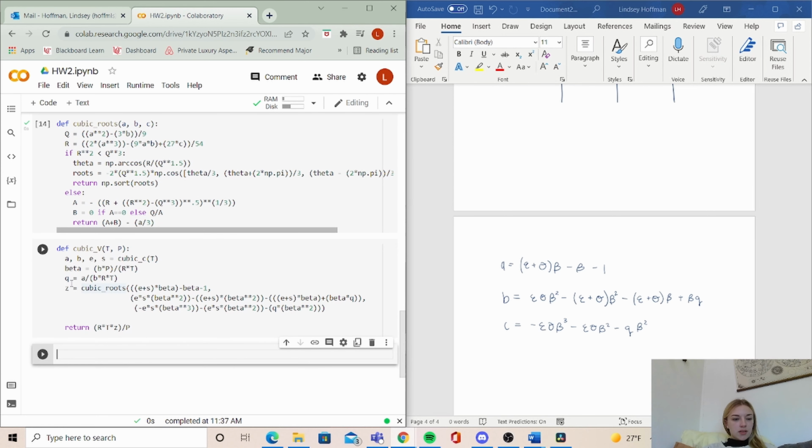Alright, so our Z cubic roots look good.